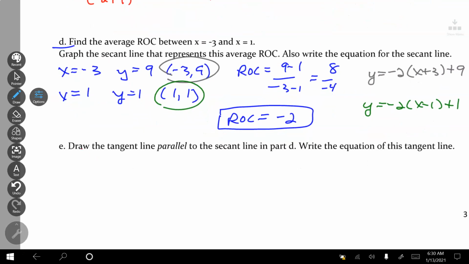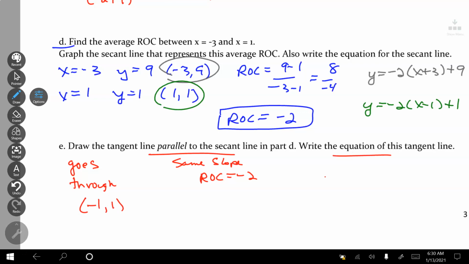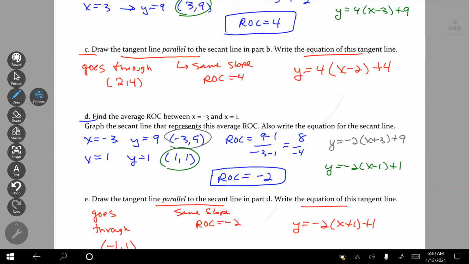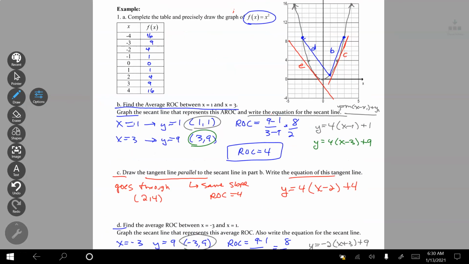So again, parallel is the same slope, so my rate of change is equal to negative 2, and I see that it goes through (negative 1, 1). So my equation is going to be y equals negative 2 times (x plus 1) plus 1. And that is the equation of that red line labeled E.